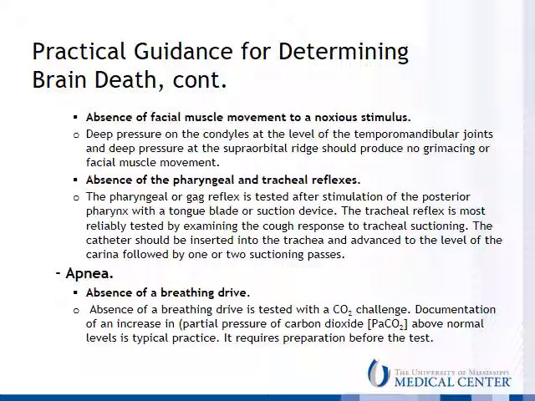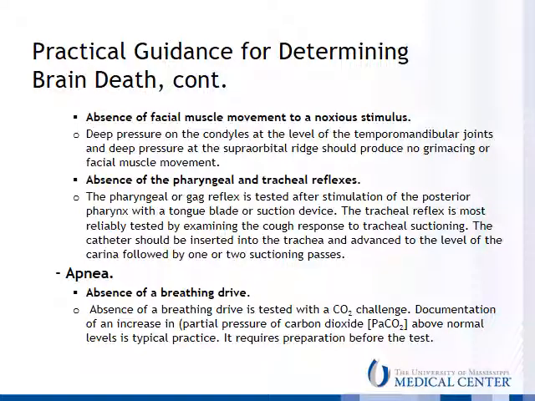We establish that they have no movement to noxious stimuli, they have no brainstem reflexes, and then we test their apnea, meaning that they have no ability to have a breath drive. That's one of the last things to go in terms of brain death. And so if you have an absence in breathing, then very likely that you are brain dead.